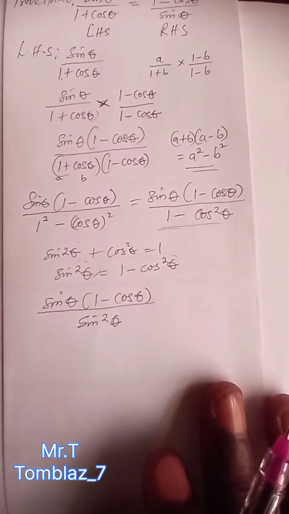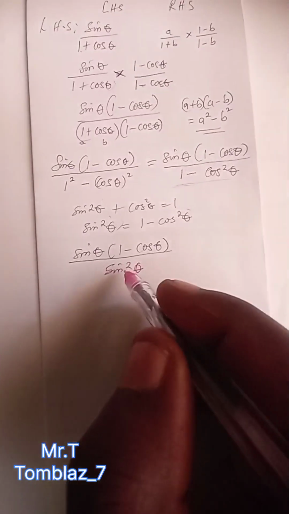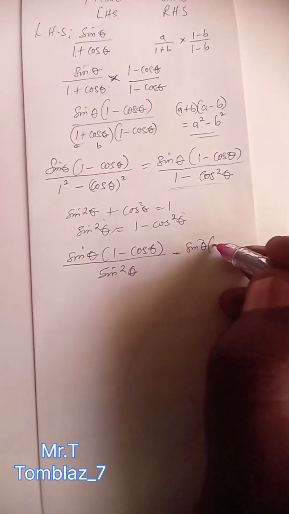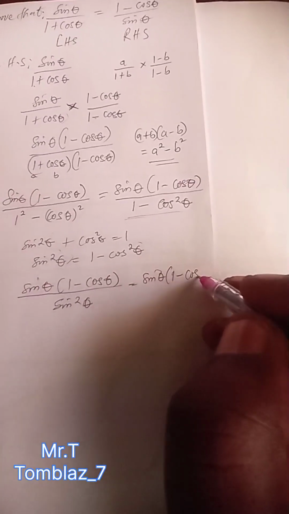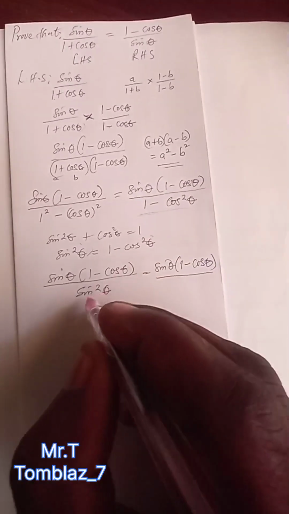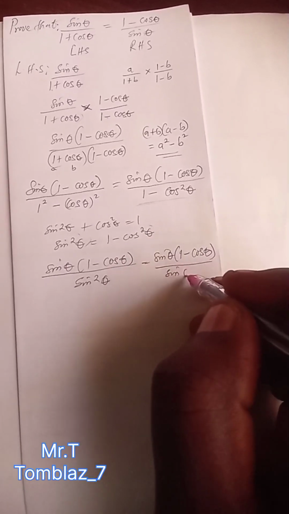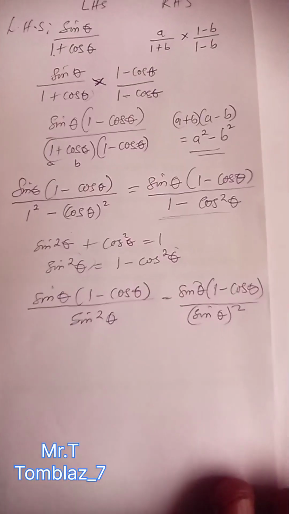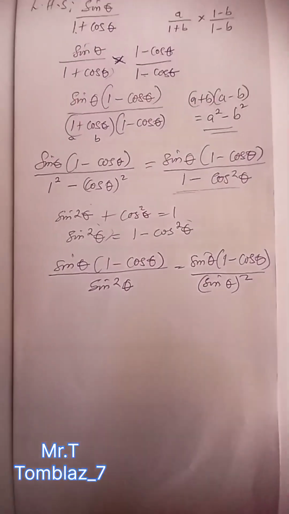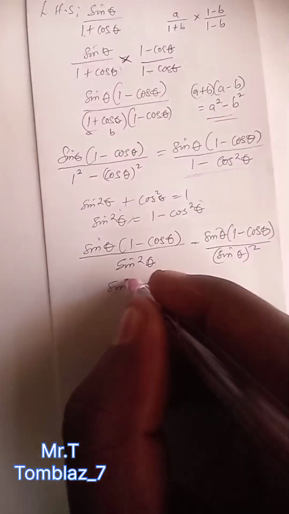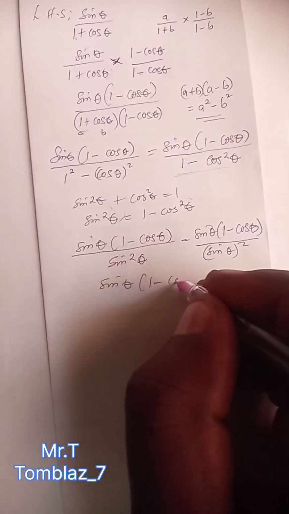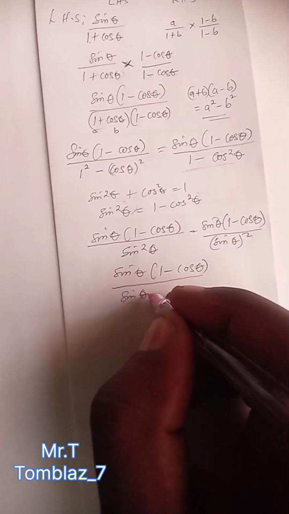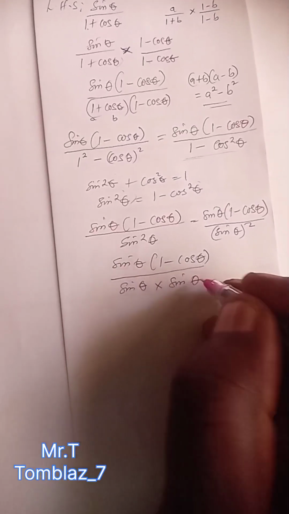So that it will look like this. All right, so if that's where we are, then let's note that the denominator can be represented in this way. This is same thing as saying sine theta all square. Is that also correct? Okay, so if that's correct, then we have sine theta into 1 minus cos theta, all divided by sine theta times sine theta, right?